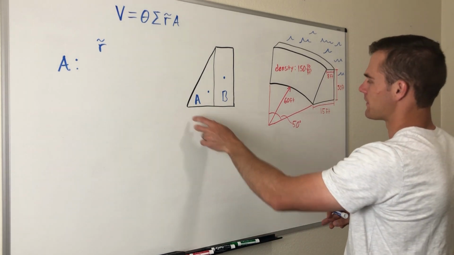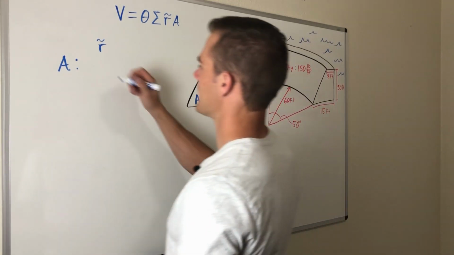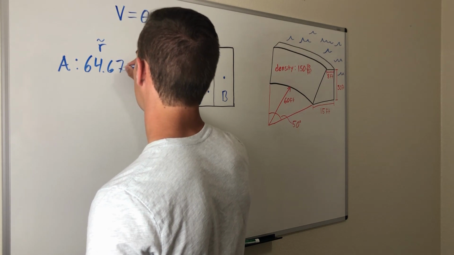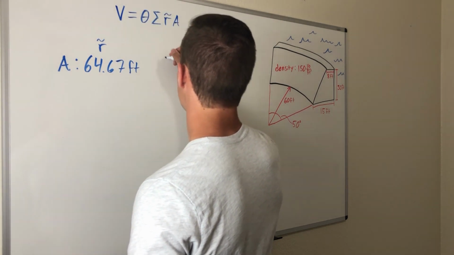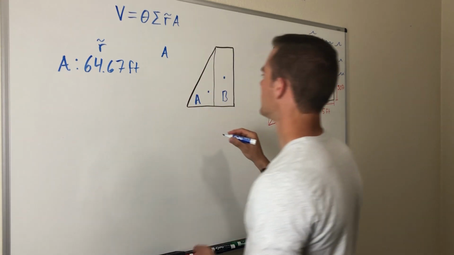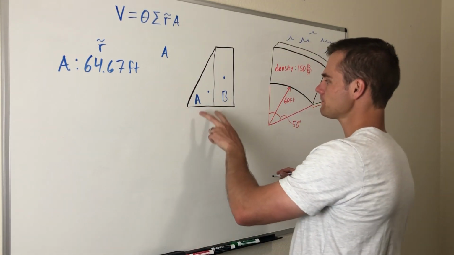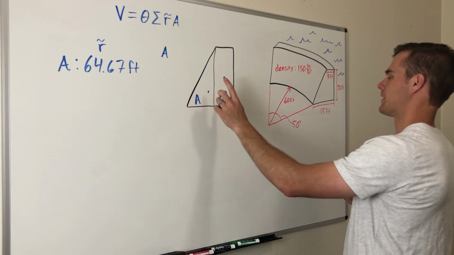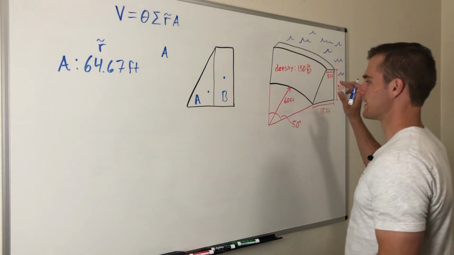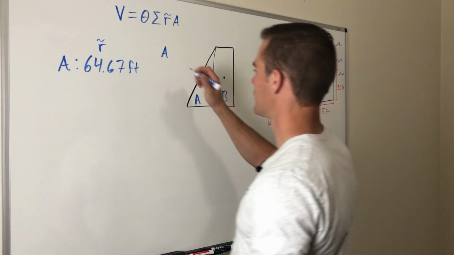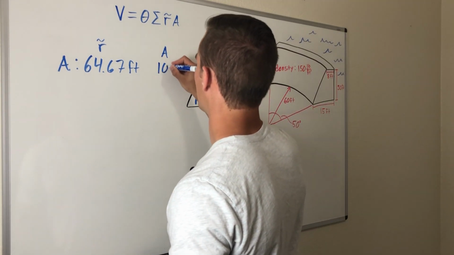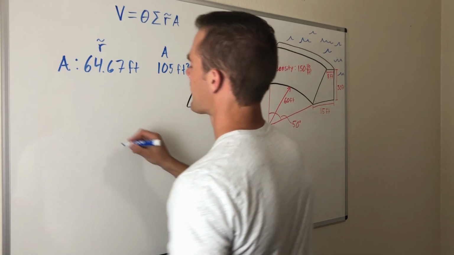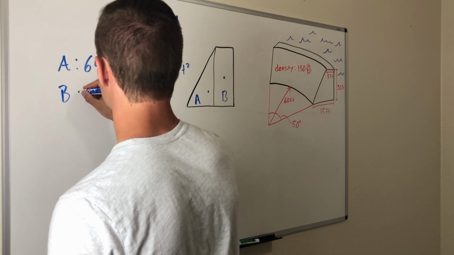So 2/3 times 7 plus 60 is 64.67 feet. And then we need to find the area of each one of these. The area of our right triangle is going to be the base times the height divided by 2. And so 7 times 30 divided by 2 is 105 square feet.